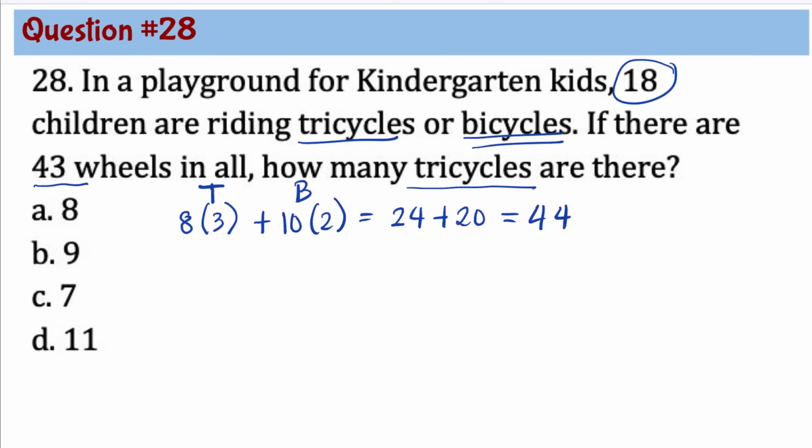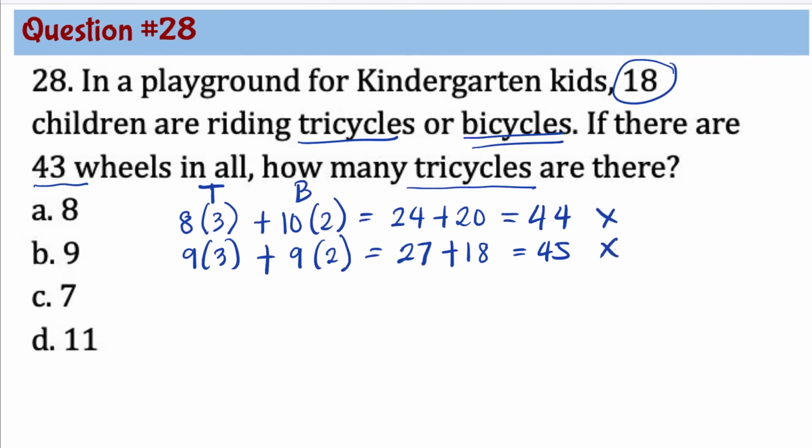For option B, 9 tricycles means 9 times 3. If there's 9 tricycles, that means there's also 9 bicycles, so 9 times 2. And this will be 9 times 3, 27, 9 times 2, 18, and this is 45. This will not work also because we need 43 wheels in all.